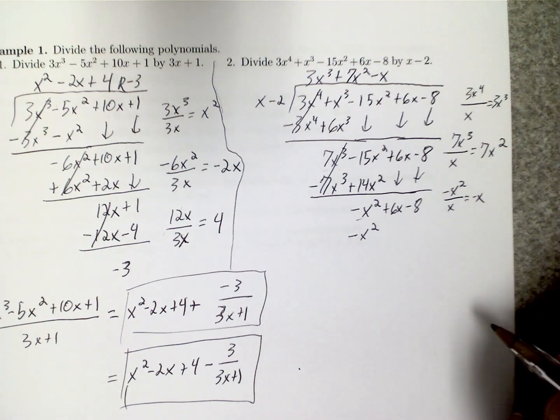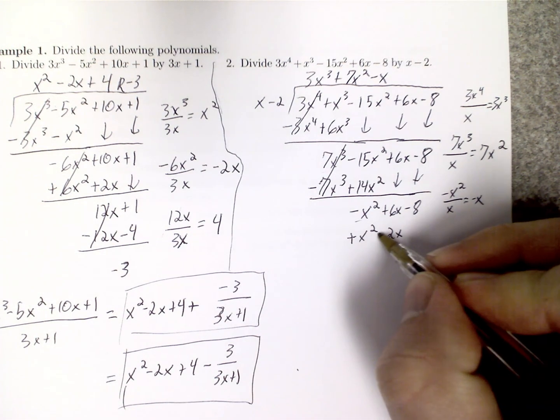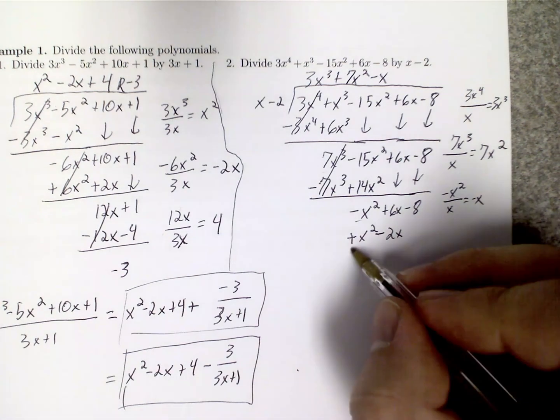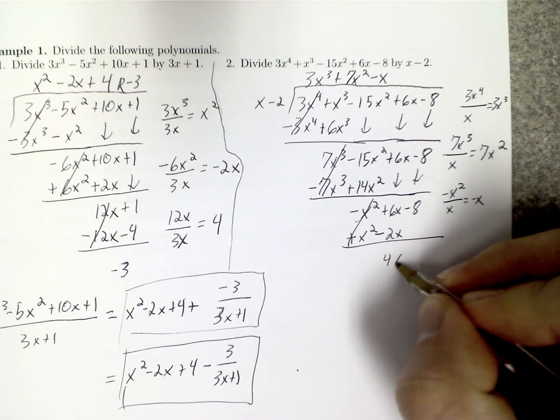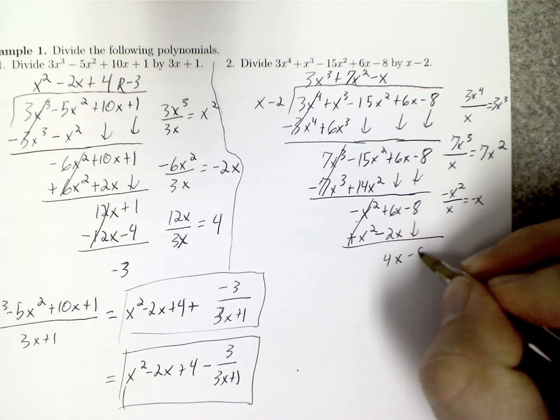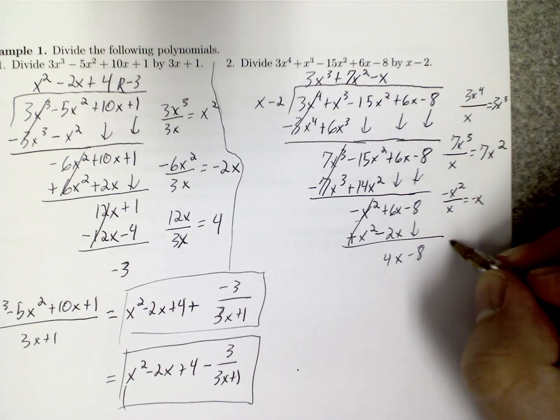Negative x times negative 2 is positive 2x. Then we go through and we change the signs. And then combine. These cancel. 6x minus 2x is 4x. Then we bring down the negative 8. This is degree 1. We have degree 1, so we continue.